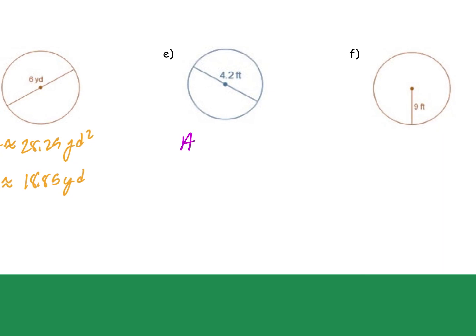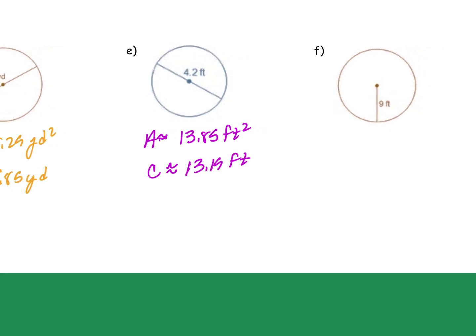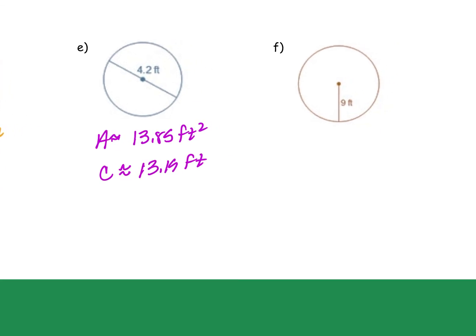E, area is approximately equal to 13.85 feet squared, and circumference is approximately equal to 13.19 feet. Yeah, that's right.